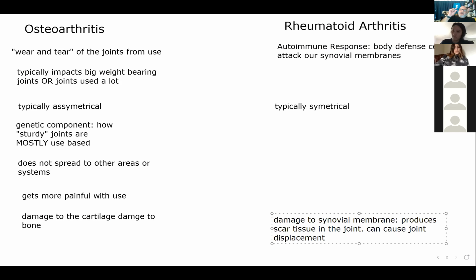Now, if my immune cells destroy a single square centimeter of synovial membrane in a big, huge joint like my knee or my hip, is losing 1 square centimeter of synovial membrane going to have a huge impact on the function of my knee?